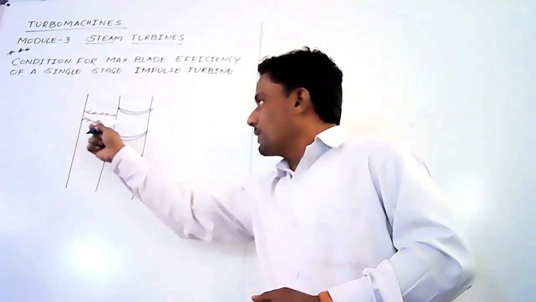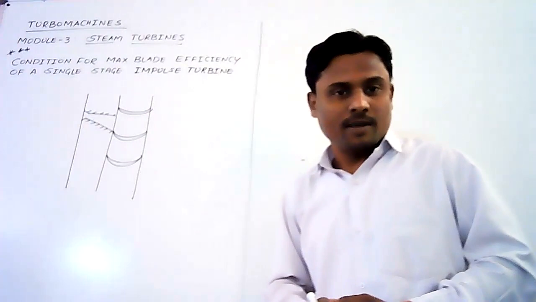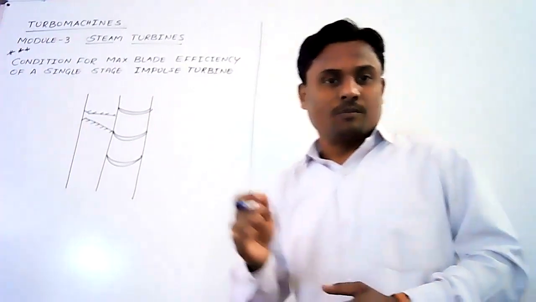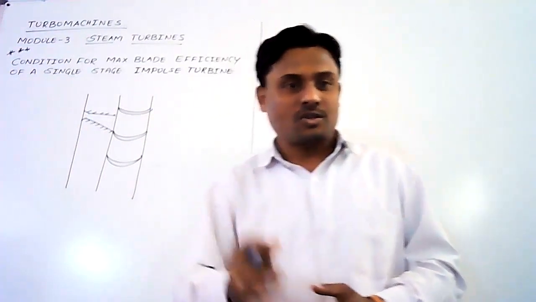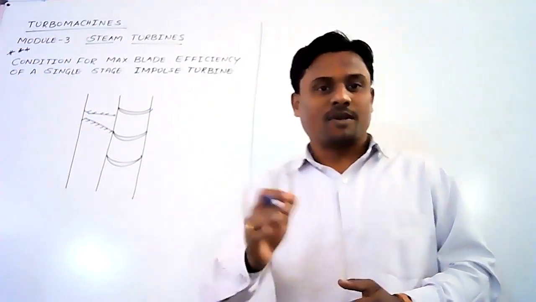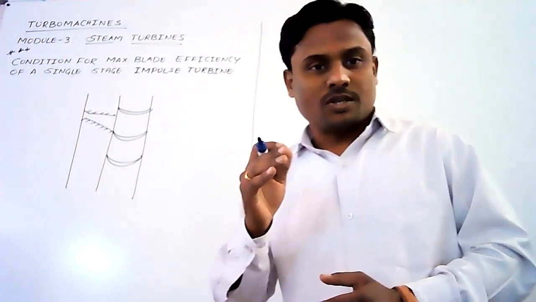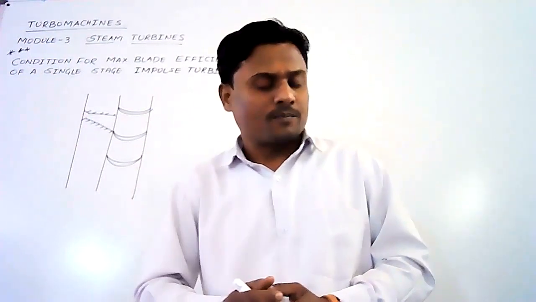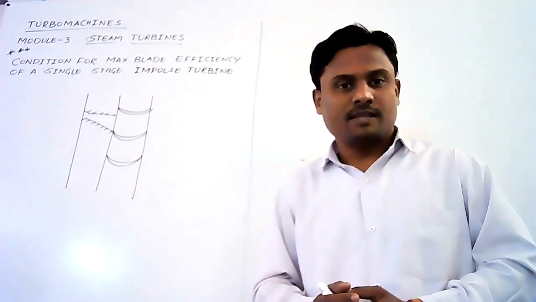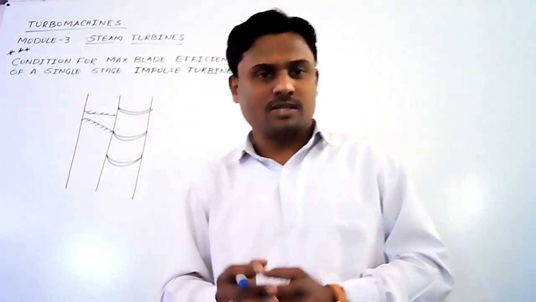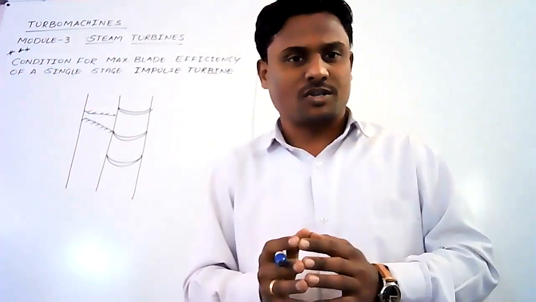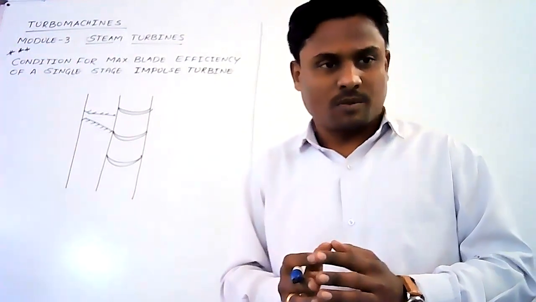With the velocity V1, it hits the moving blade, and due to the change in the velocity as well as the change in direction of motion, there is a momentum exchange between the high velocity jet and the rotating blade, and hence we can produce mechanical energy in the form of rotation. So this is a very basic, simple discussion on the single stage impulse turbine.